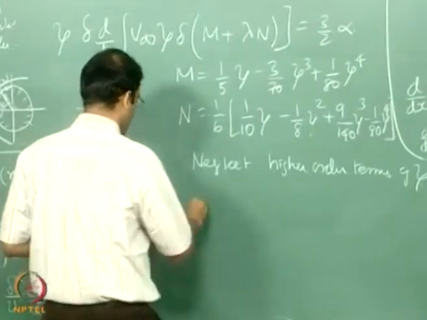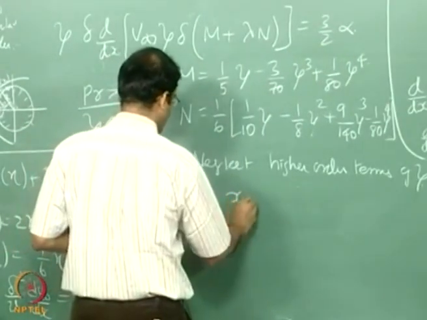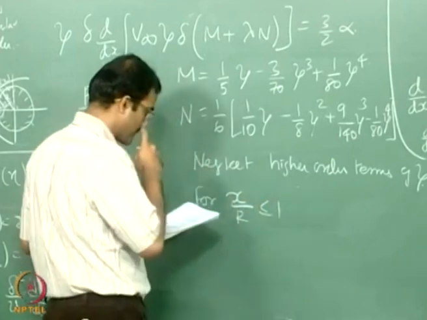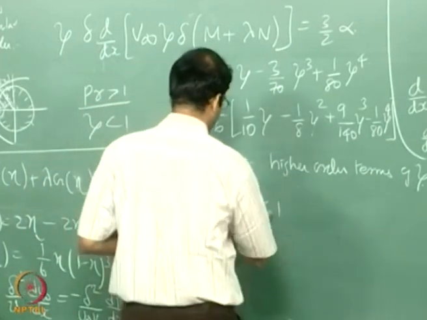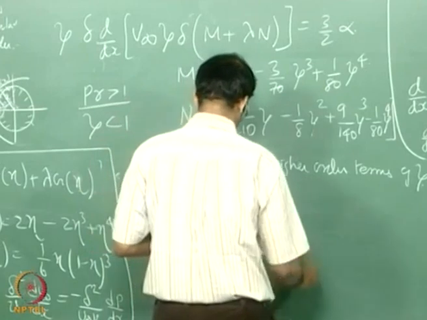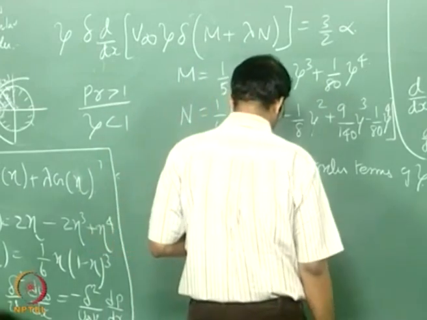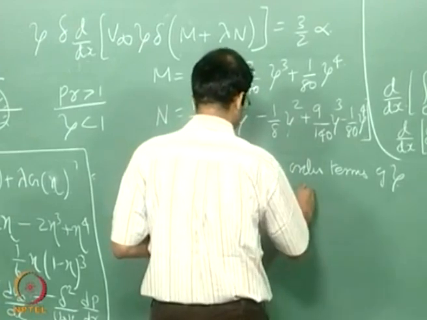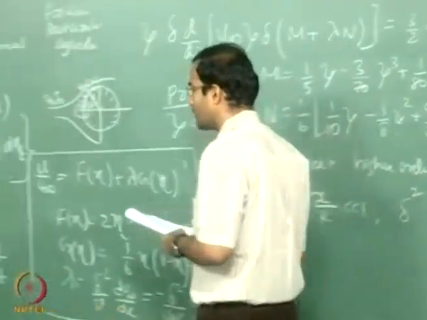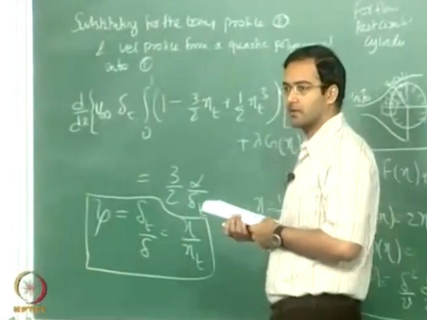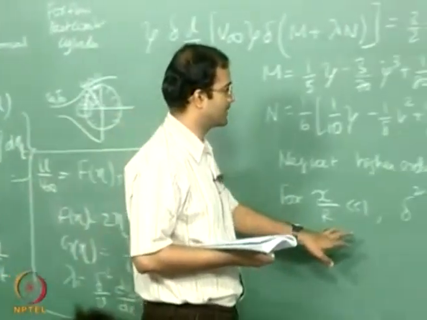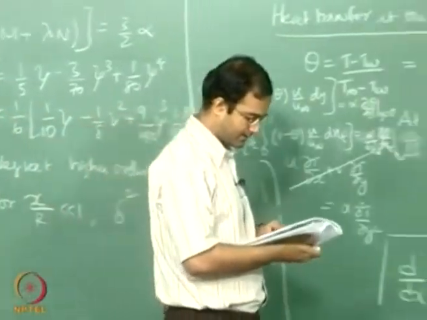So this is for the case where x by r is much less than 1. For this case we have also derived the expression for delta square. Now you have to tell me what the expression for delta square will be here, if I make the approximation that it's close to the stagnation region.